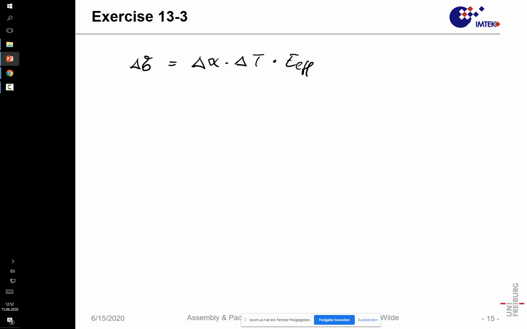And in our case, the E effective was 1 divided by T silicon divided by T molding compound times the E of the molding compound plus 1 divided by E silicon. That was what we found out.